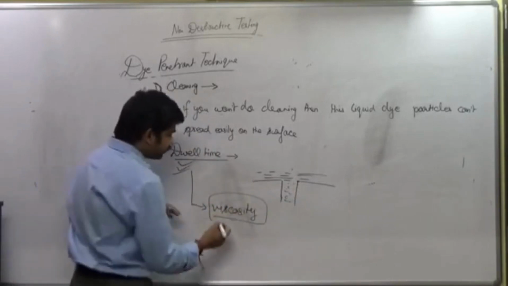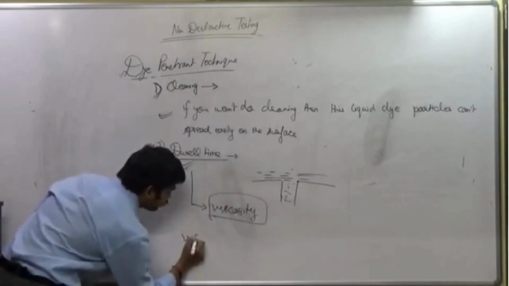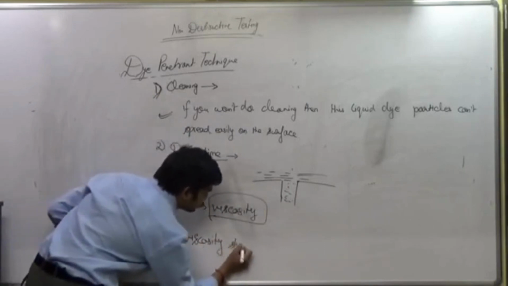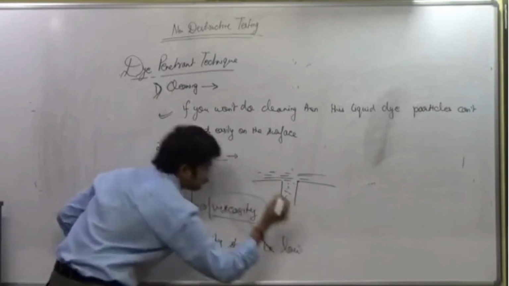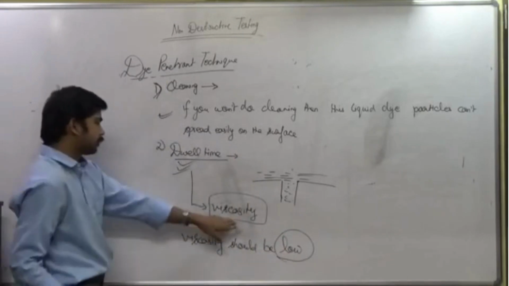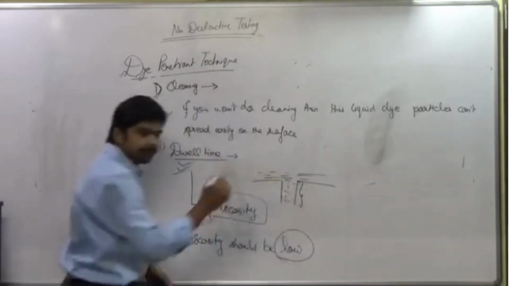What we actually want is that the viscosity should be low. Why? Because if viscosity is high, it would take a high amount of time to fill this gap. Correct?